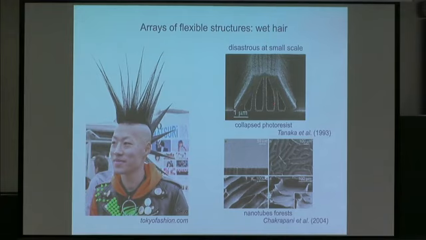Here is photoresist, structures that collapse. Here, this is a carpet of carbon nanotubes that collapse into this cellular structure as you put a liquid on it and let the liquid evaporate. So it's a big issue.